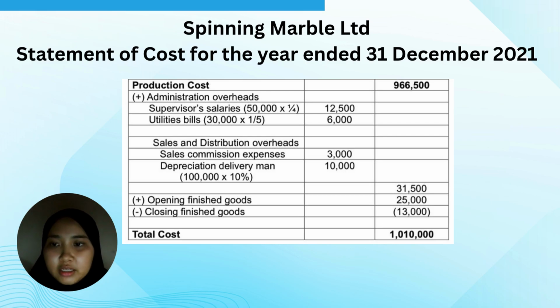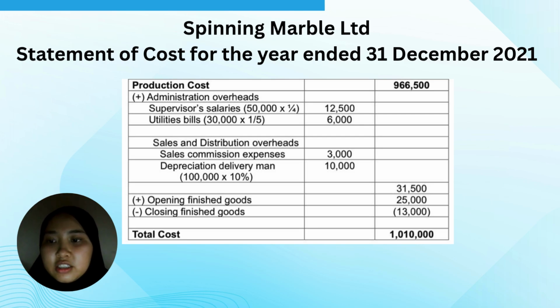In the administration overhead, we have supervisors' salaries: 50,000 times 1 out of 4, so the total is 12,500. Next is utilities bills, 30,000 times 1 out of 5.